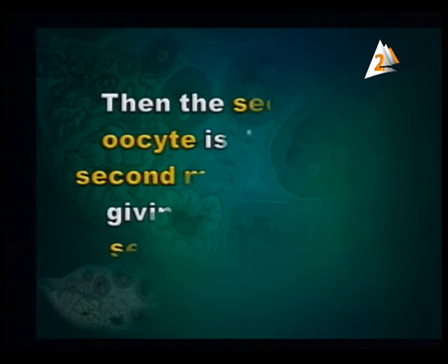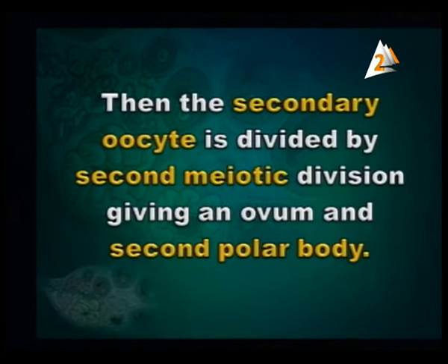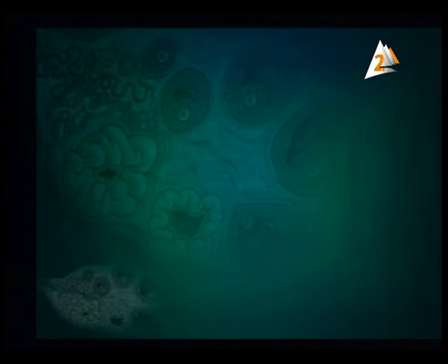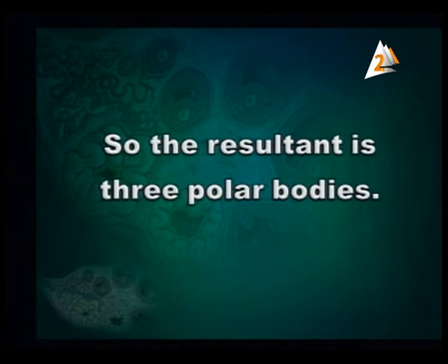Then the secondary oocyte is divided by the second meiotic division, giving an ovum and a second polar body. The first polar body is divided into two polar bodies, so the result is three polar bodies.